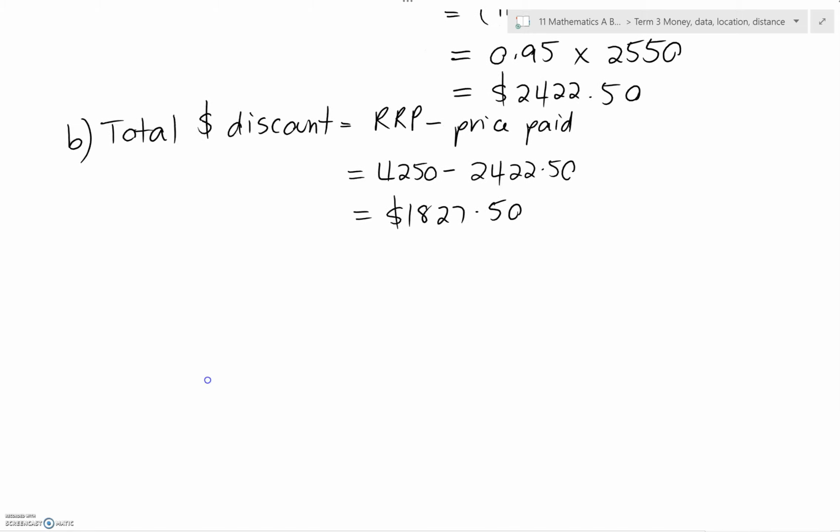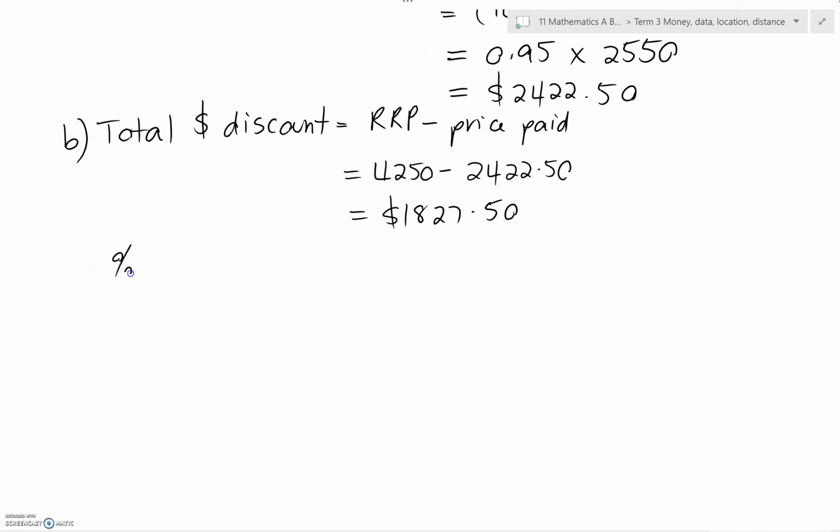Once we've figured out the dollars discount, it's pretty easy to work out the percentage discount using that little formula we actually worked with before. So percentage discount equals the dollars discount over the recommended retail price. Now, where and why is that the case? What we're really doing is we're figuring out what fraction of the whole that we started with has been given as discount.